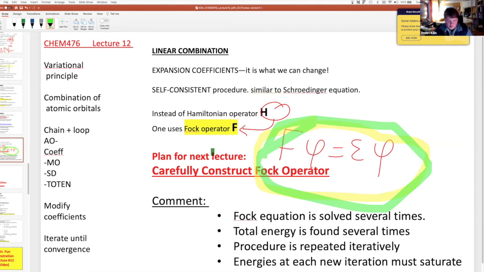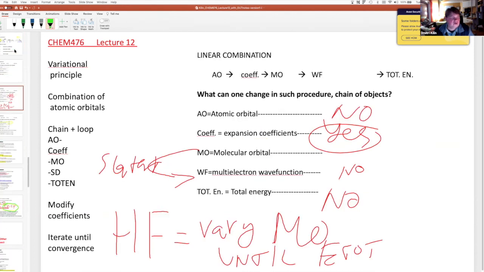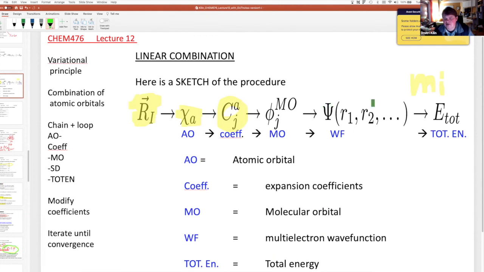Okay. So what I'm going to show, I need to touch the way how total energy is computed. So I need to touch the last stage of this thread, how we convert multi-electron wave function into the total energy.